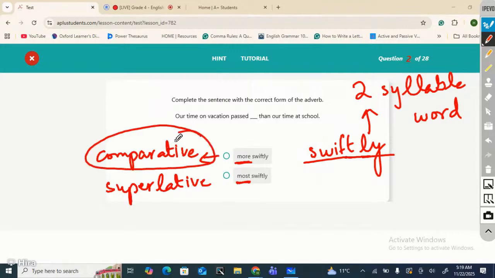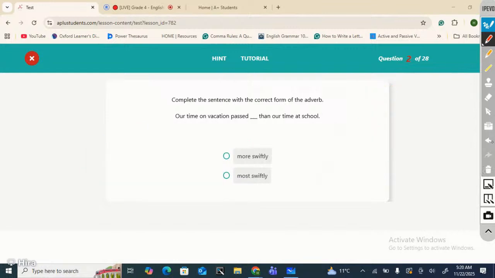Comparative adverb. So which one is the comparative adverb? More swiftly. Our time on vacation passed more swiftly than our time at school.